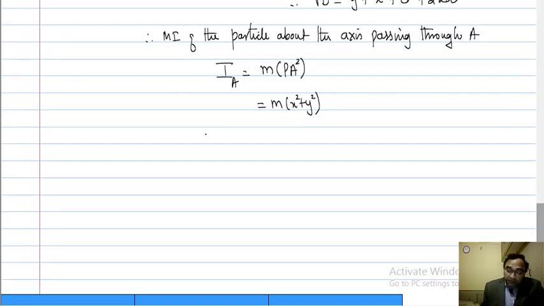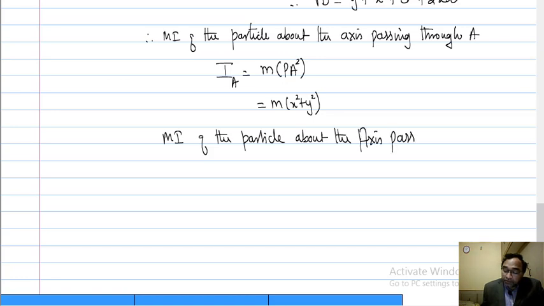Now, MI, moment of inertia of the particle about the axis passing through B. Passing through B, what we get? IB is mass times PB square.